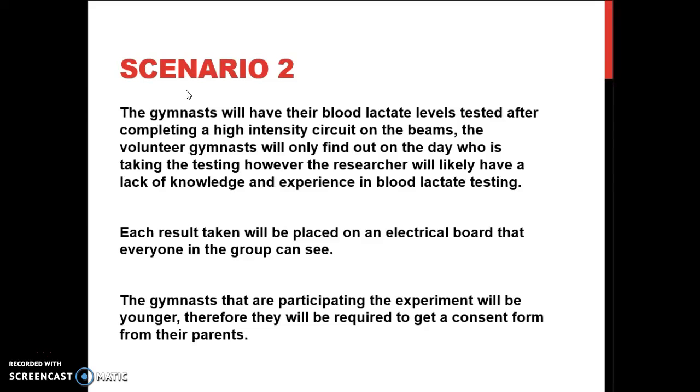Also, it's going to cause them a lot of mental harm, as they're going to struggle to trust the researcher if they're aware that they've not got a lot of knowledge. And you could look at it as deception if they haven't told the individual that they lack knowledge and experience.